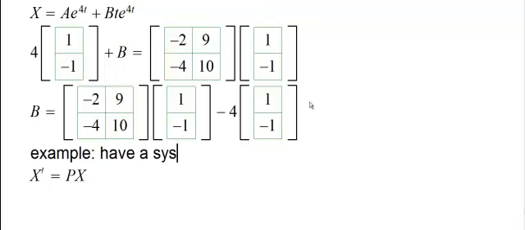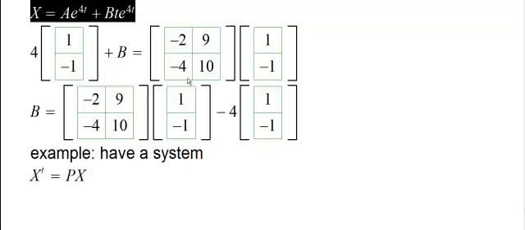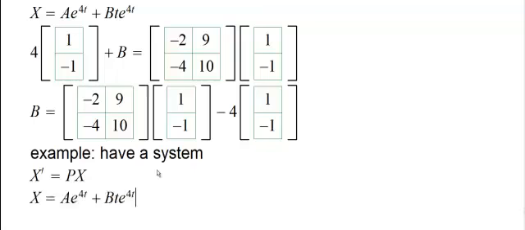Are we good on this? Okay. So x prime equals Px, and this is the form of the solution because we have repeated eigenvalues. Everybody clear?